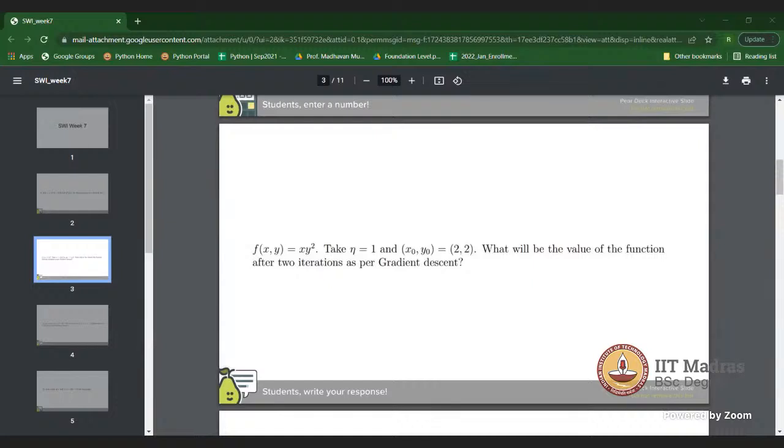Yes, you need to use this gradient for the multi-dimensions.